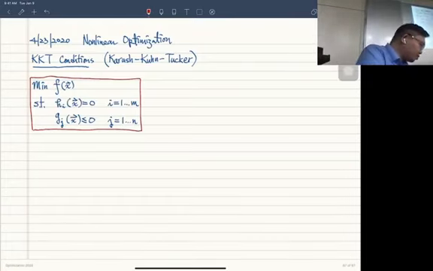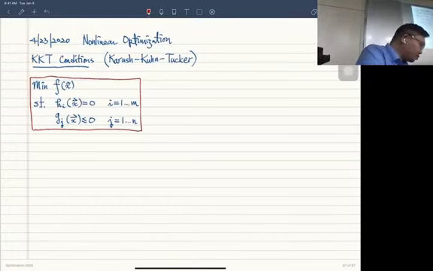Since we know the new point is my previous point plus the d vector, I can plug this information into my Taylor expansion.